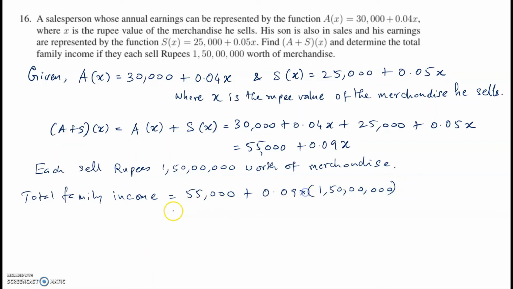So doing this, 55,000 plus 13 lakh 50,000, and that is equal to rupees 14 lakh and 5,000.